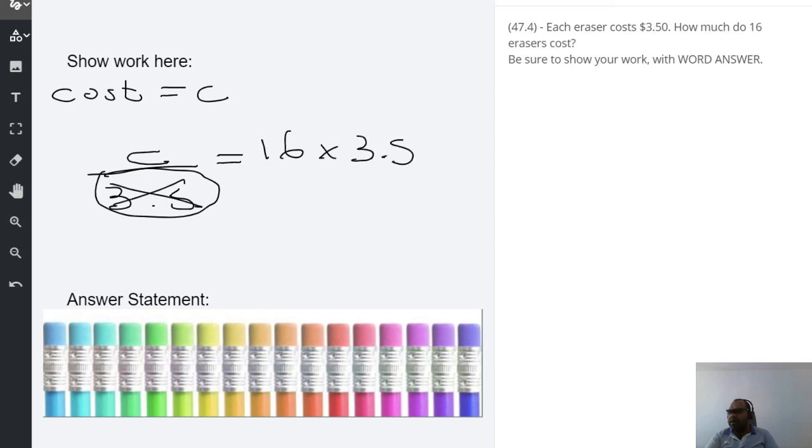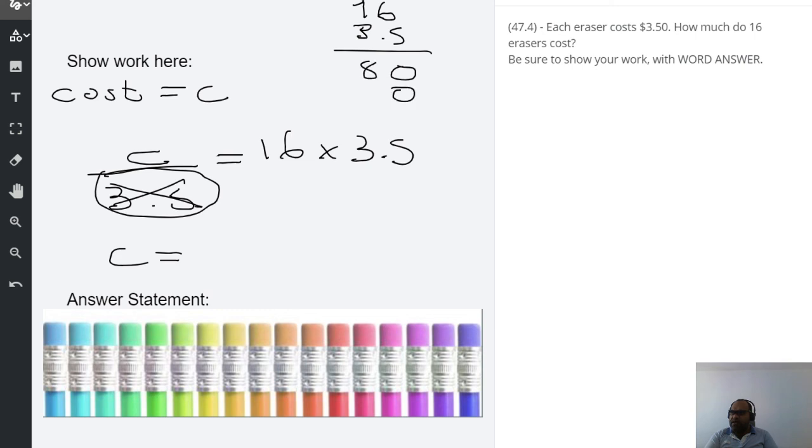Nice. Goodbye here. C equals, just remember multiplying decimals. Just multiply as usual. And after that, you move this one. Let's do this. 16 times 3.5. Okay, 5 times 6. It is 30. Carry 3. 5 times 1 is 5 plus 3, 8.